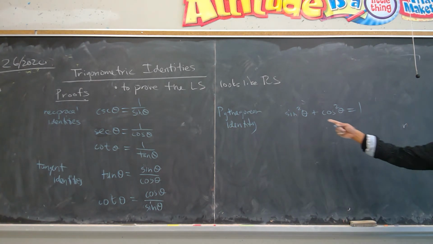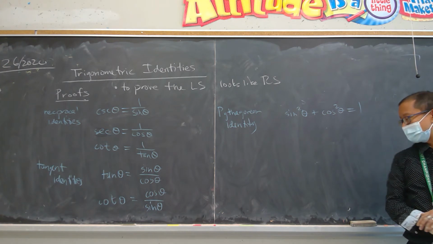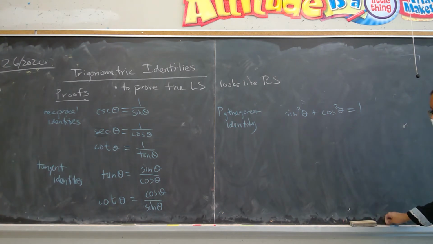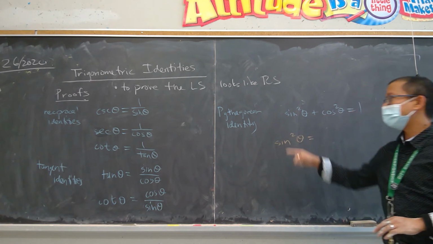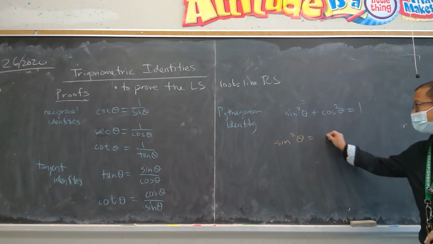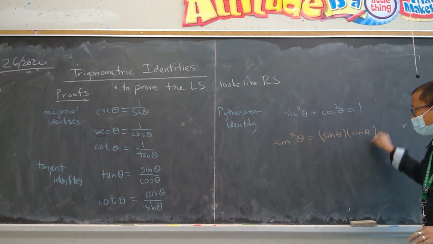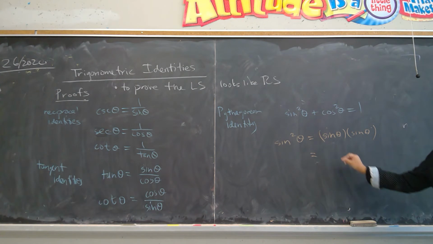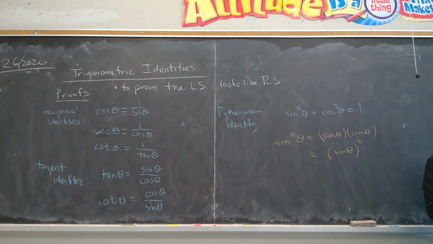Now this is your first exposure seeing a power of sine squared theta, so let's introduce that really quickly. In math, this sine squared theta is the same thing as sine theta times sine theta. So some students wonder, why don't they write it like this? Which is correct.